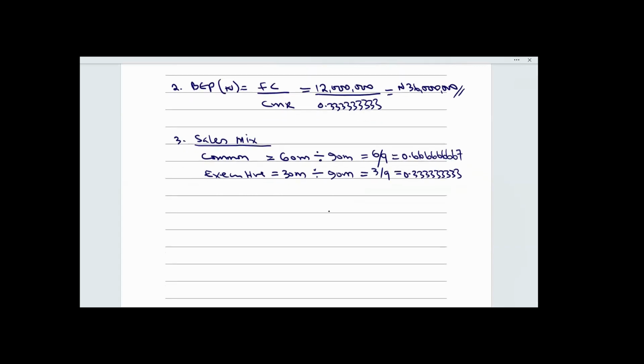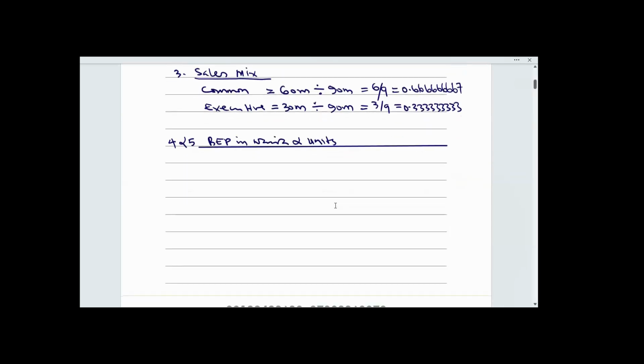Then step 4 and 5, we are going to marry them together. Step 4 says you should calculate break-even point in naira for each product, and then step 5 says calculate break-even point in units. So I would then say break-even point in naira and units. You use one table to kill the two.